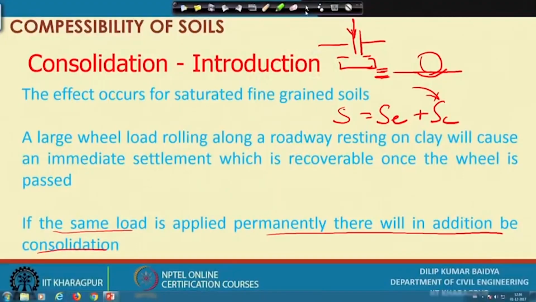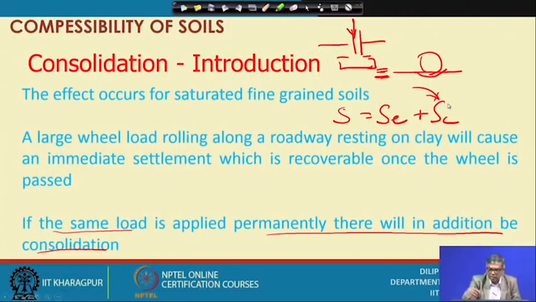That I will discuss in a later part of this topic. Right now I just want to highlight that there will be consolidation settlement.